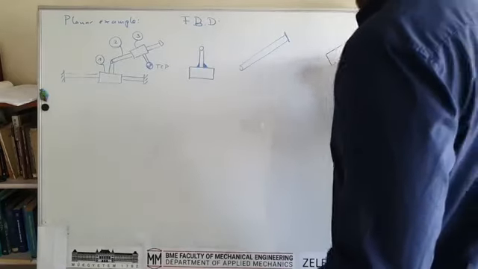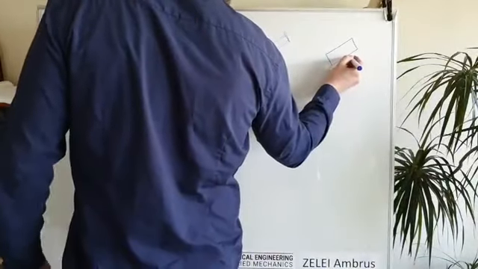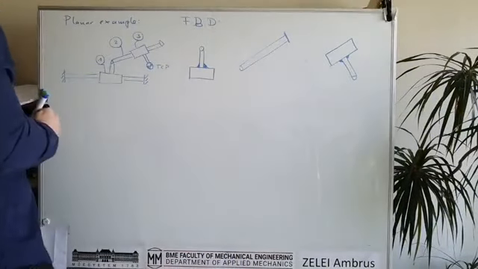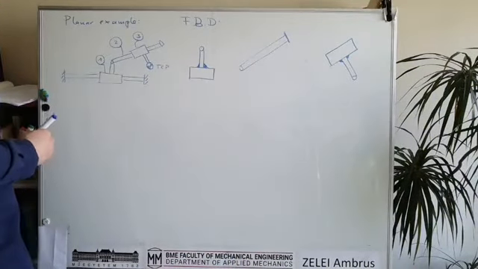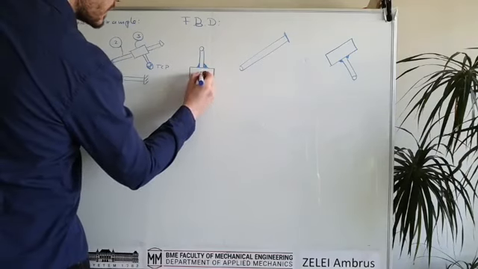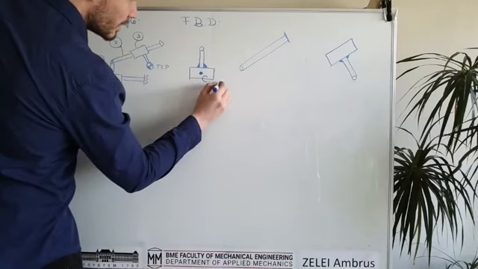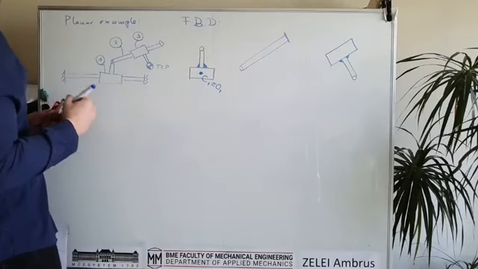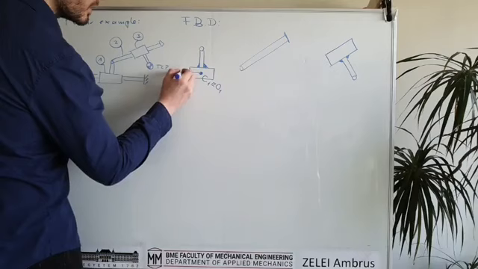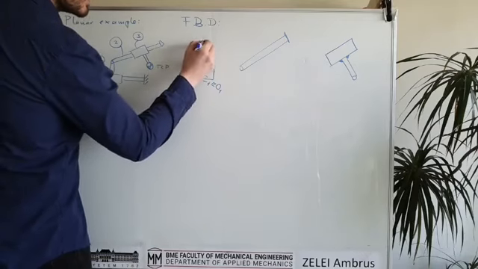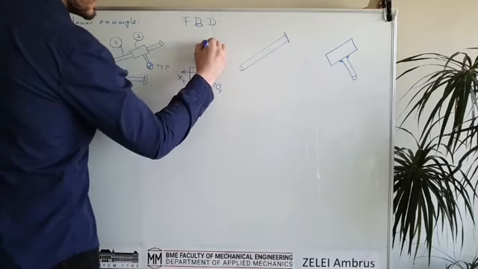And in each free body diagram, we have to show the center of mass first. So for the sake of simplicity, the center of mass will be equal to the origin in the case of the first rigid body. So the coordinate system is this one. This was x and y.